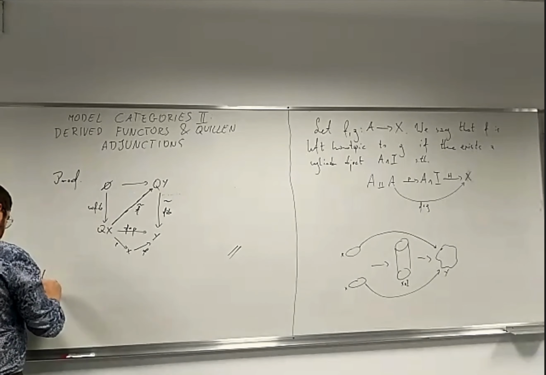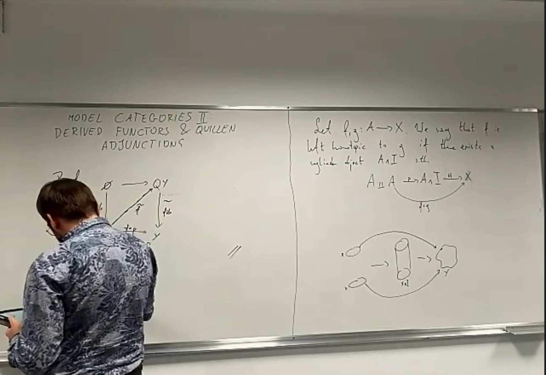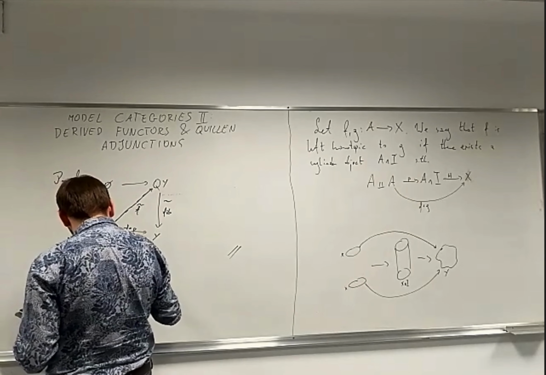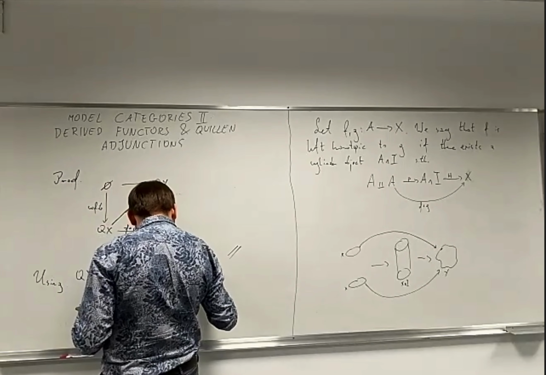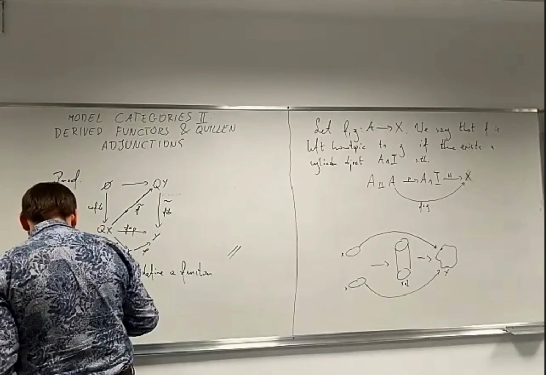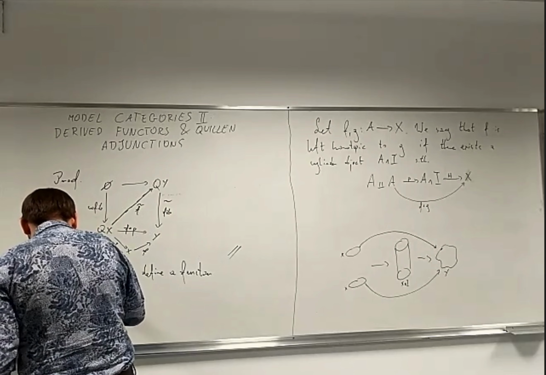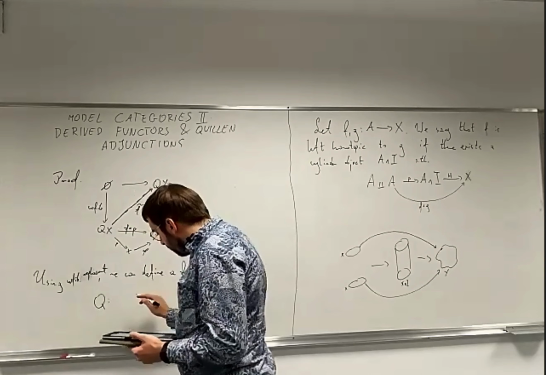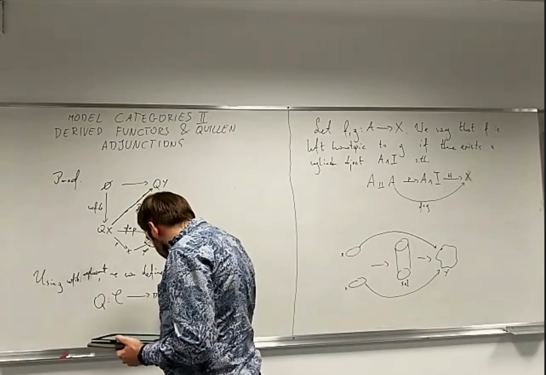So let's gear up the abstraction a little bit. So using Qx, we can define a functor Q. So maybe not using Qx, but using cofibrant replacement, from our category C to the category P of CC.